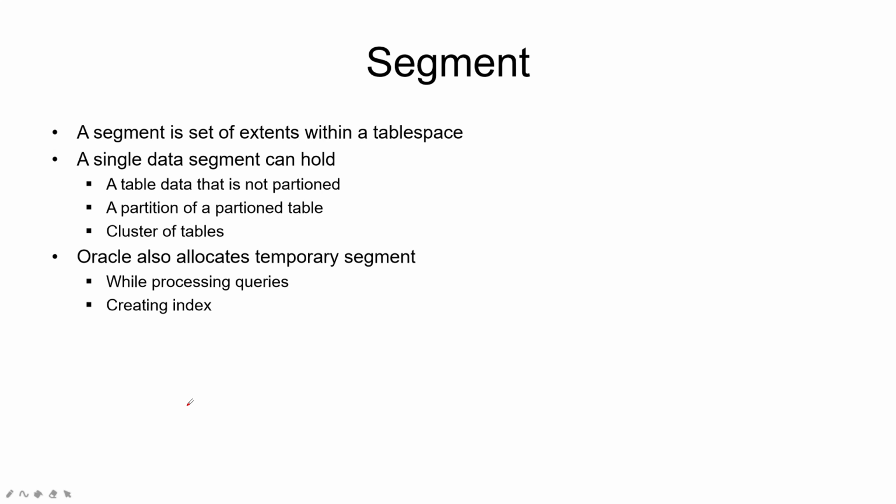At some point, it is even used for unindexed joins and correlated subqueries as well. It may require a temporary segment, which means if a query contains something like a distinct clause, a group by, or an order by, it would require a temporary segment to process those things, because it will give some additional space rather than creating everything in memory. So it will use a temporary segment there.